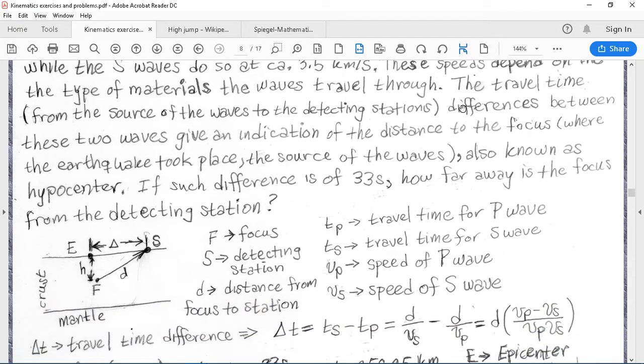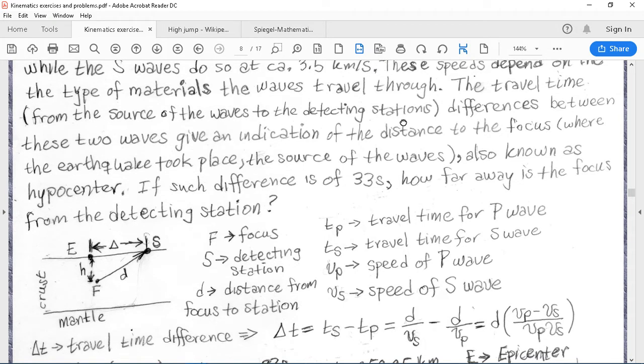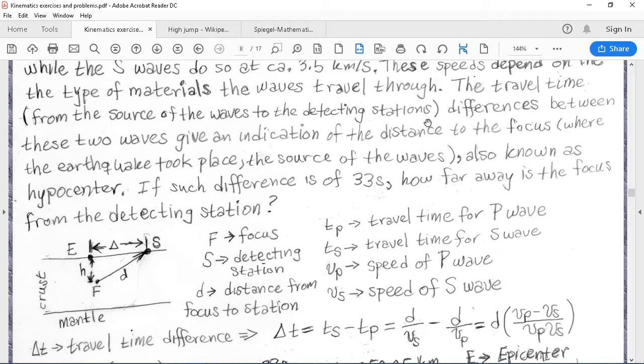The travel time differences, in which travel time means the time it takes the waves to travel from the source of the waves to the detecting stations, give an indication of the distance to the focus where the earthquake took place, that is, the source of the waves. This point, known as focus, is also known as hypocenter.